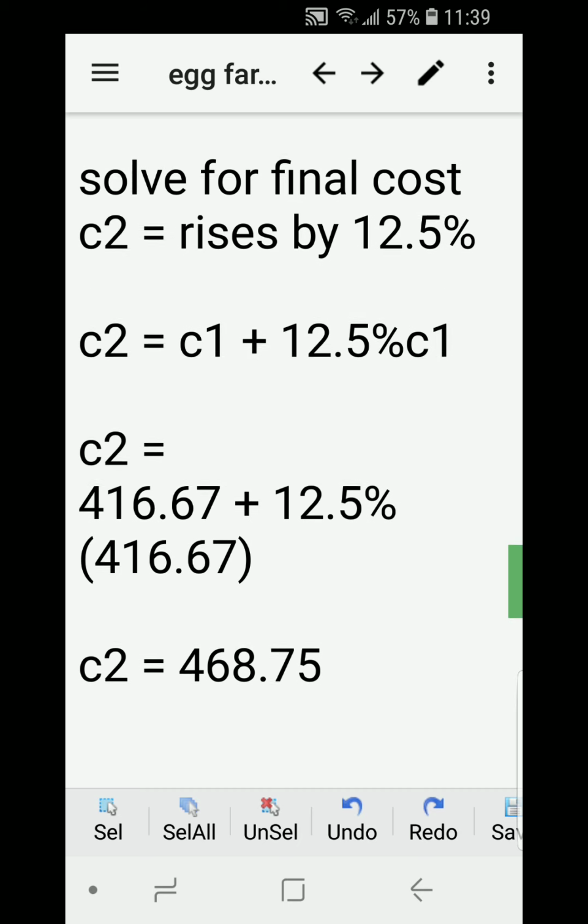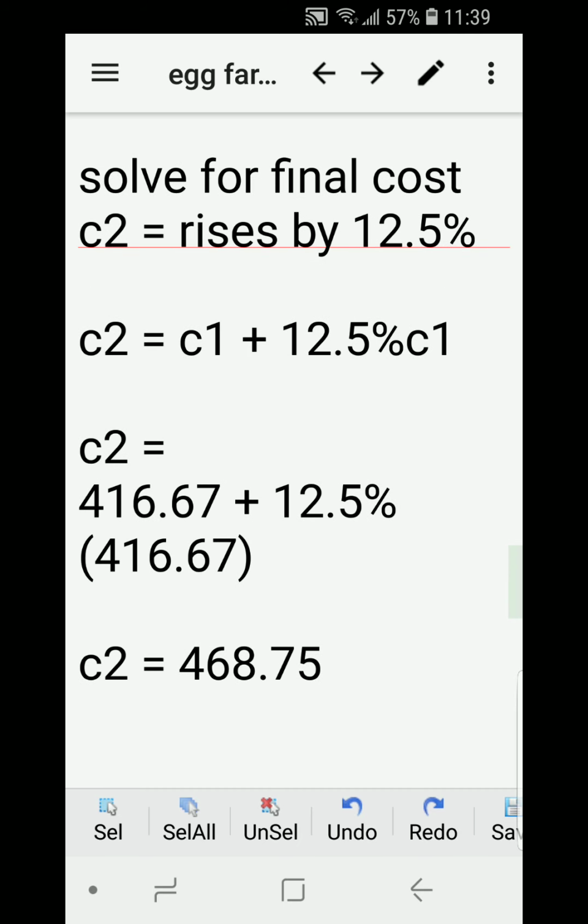So we've got C2 is equal to 416 plus 12.5% times 416. Our new cost would be 468.75 pesos.